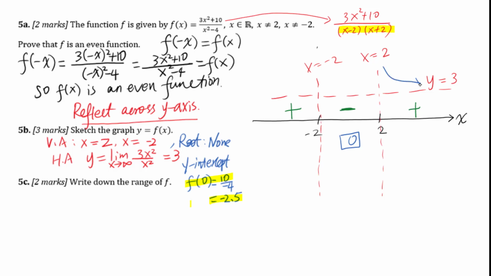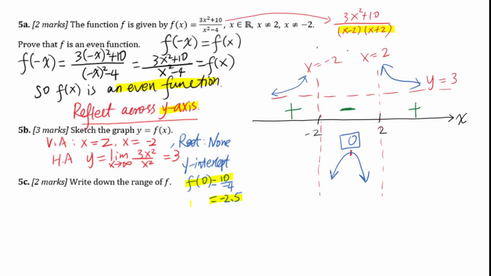This interval is positive. Graph will be like this. This is negative, so the graph is like this. This interval is positive. Graph like this. We do know this function is an even function, which means the graph is reflected across the y-axis.